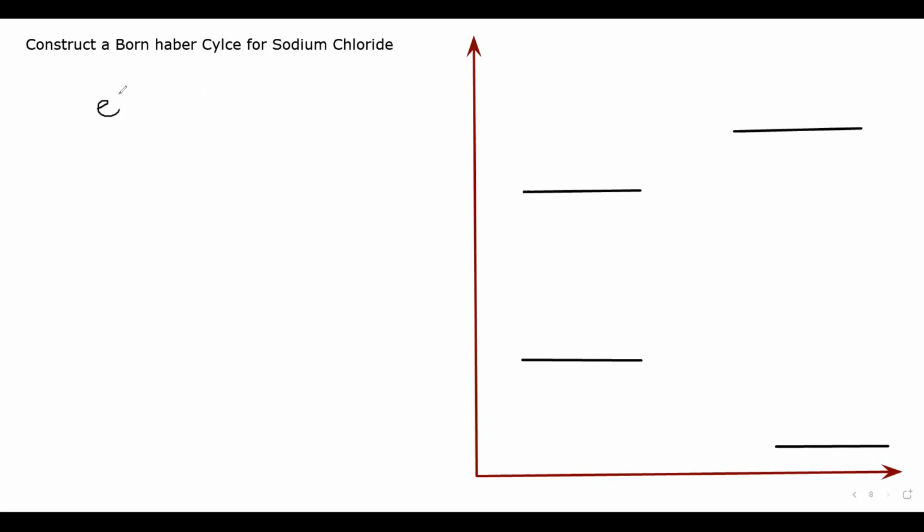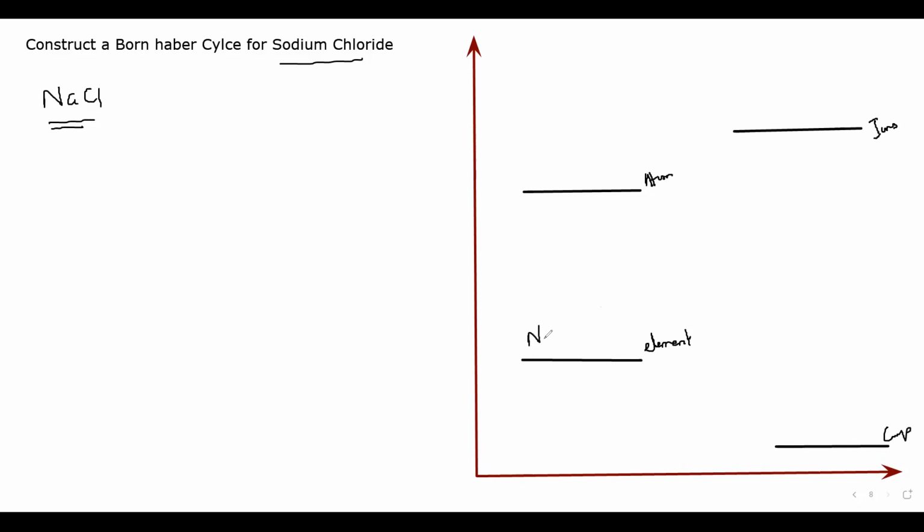So we should have element, and we are forming sodium chloride, NaCl. So at this point we should have element, atom, ions, and compound.